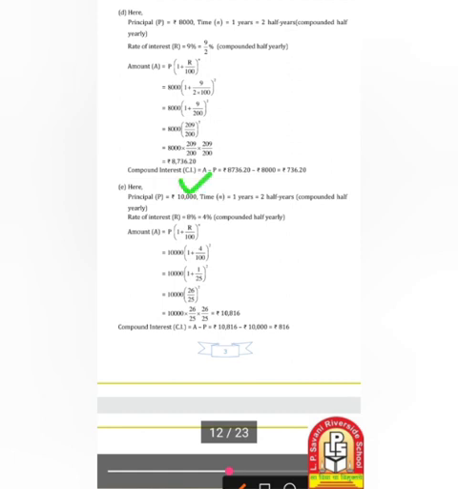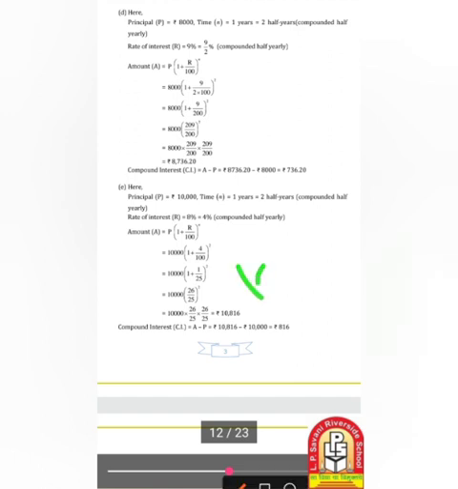Then here principal P is equal to 10,000, n is equal to 1 year and 2 half years only, and rate of interest is 8%, so 4% compounded half yearly. Then the amount A is equal to P into the bracket 1 plus R by 100 raised to n. So 10,000 into the bracket 1 plus 4 upon 100, that is 1 plus 1 upon 25, that is 26 upon 25.